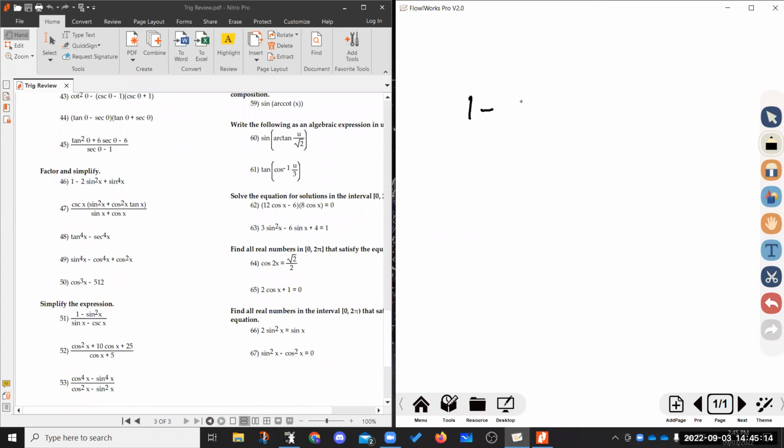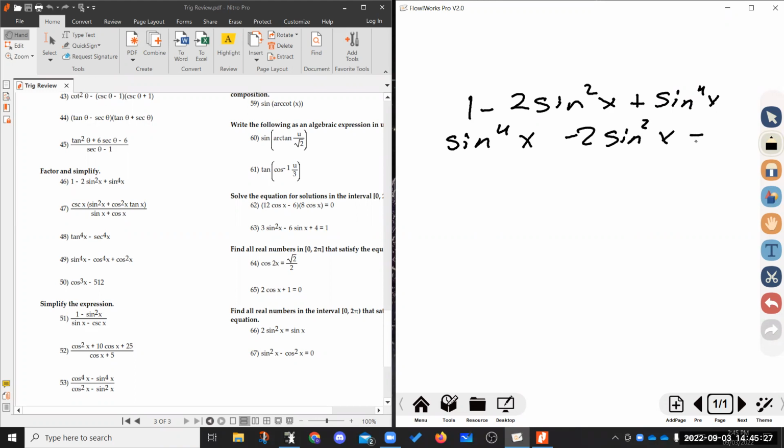Number 46, 1 minus 2 sine squared of x plus sine to the 4th of x. I'm going to write it in descending order instead. It's going to be sine squared of x, sine squared of x, -1, -1.